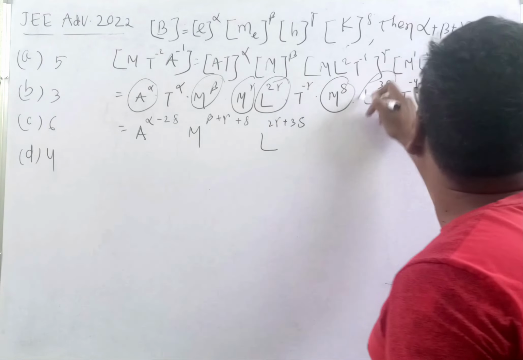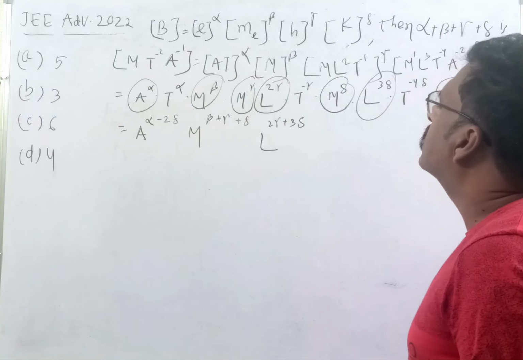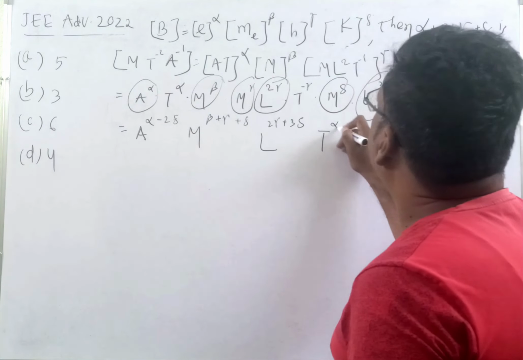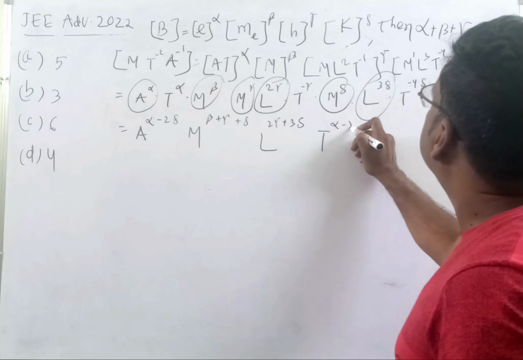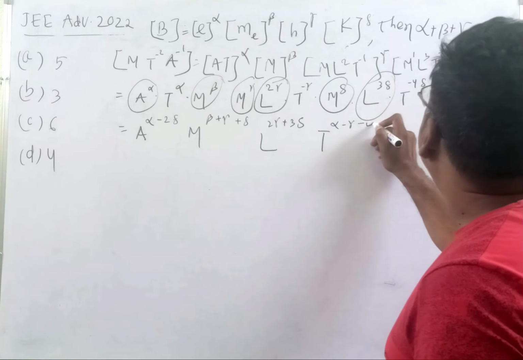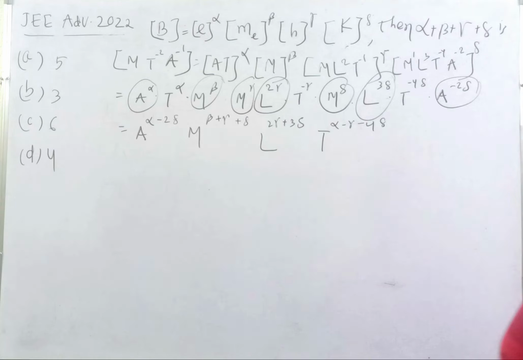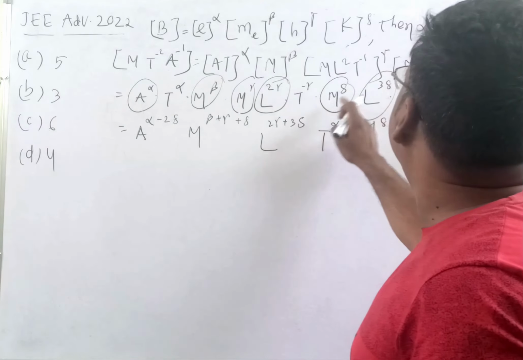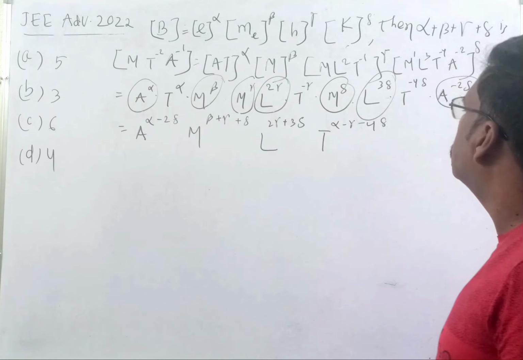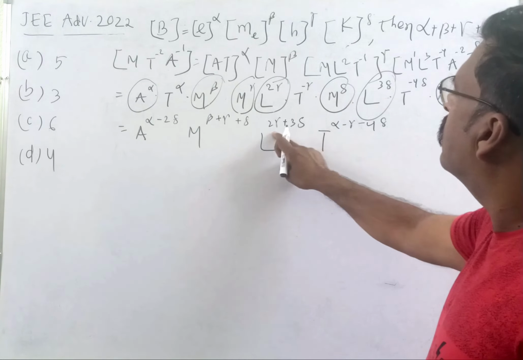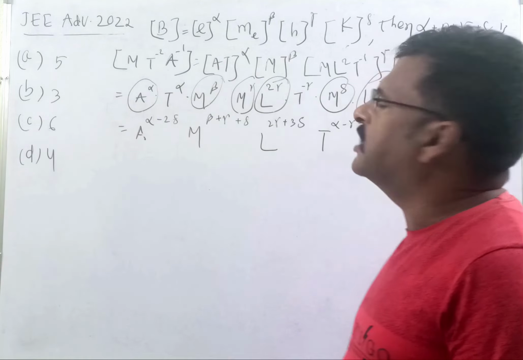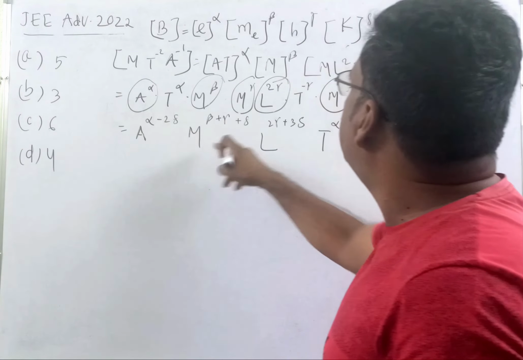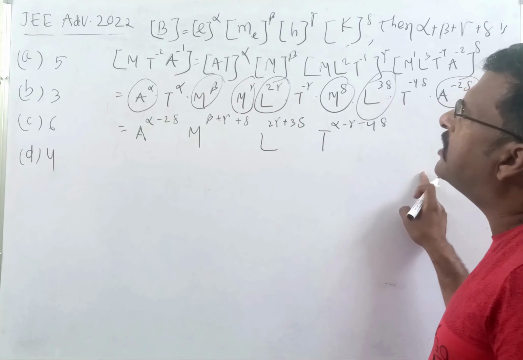Then what is the power of T? T will have power alpha minus gamma minus 4 delta. Okay students, these are the terms on the right hand side.